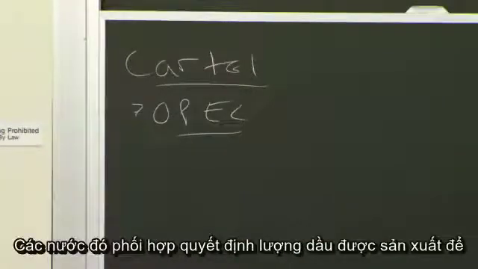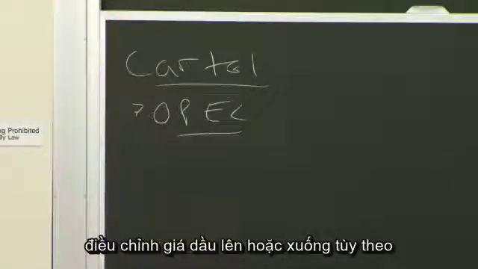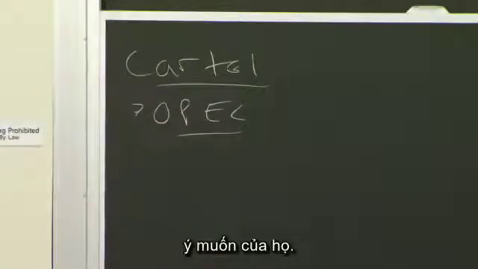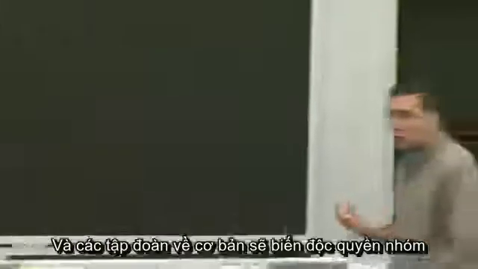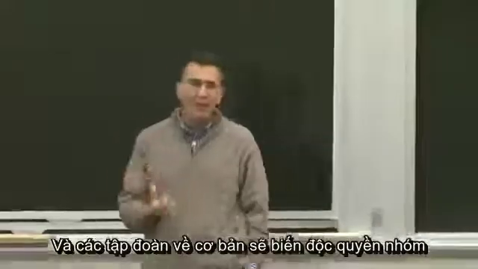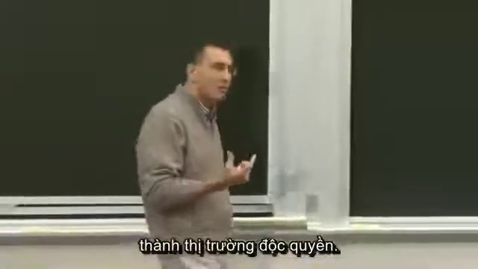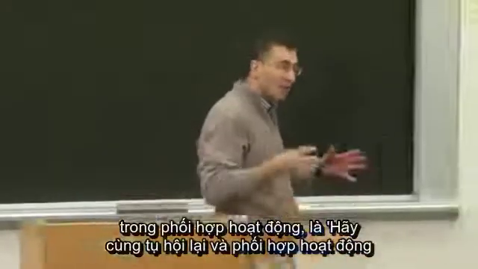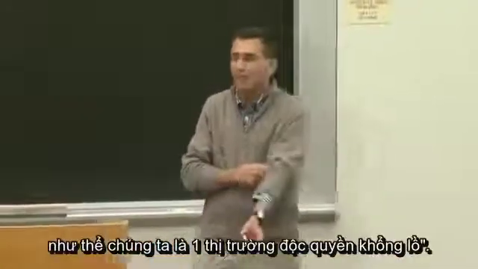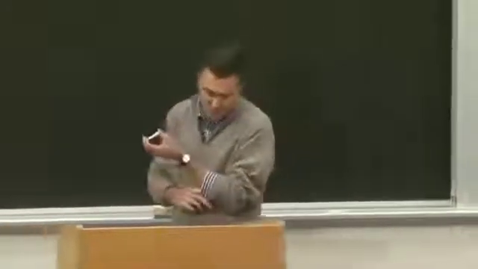Those countries cooperate in how much oil they produce to move the price up or down according to what the group desires. Essentially, what cartels do is turn oligopolies into monopolies. A cooperative equilibrium says, let's all get together and behave as if we're one big monopoly.